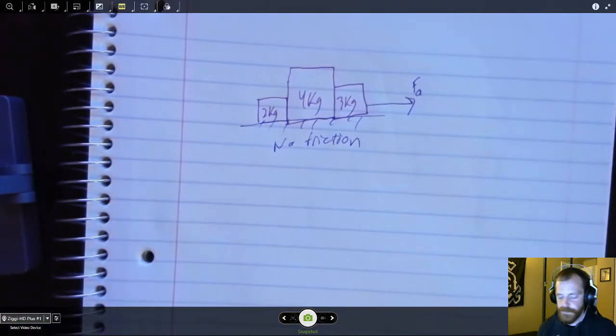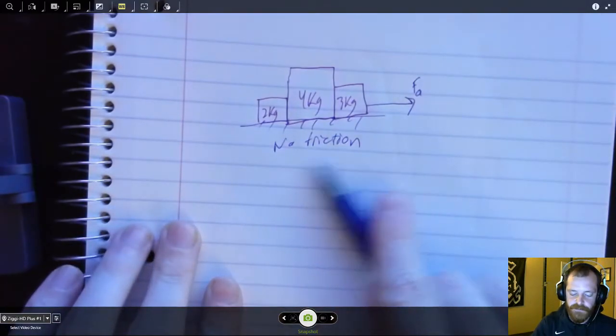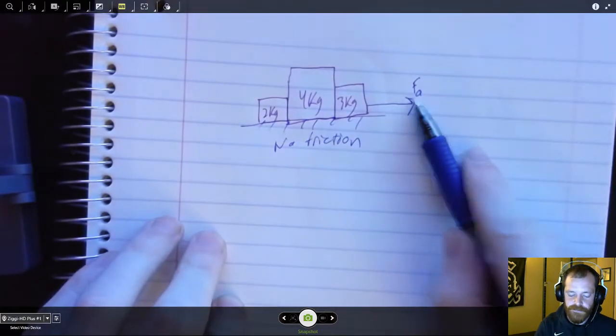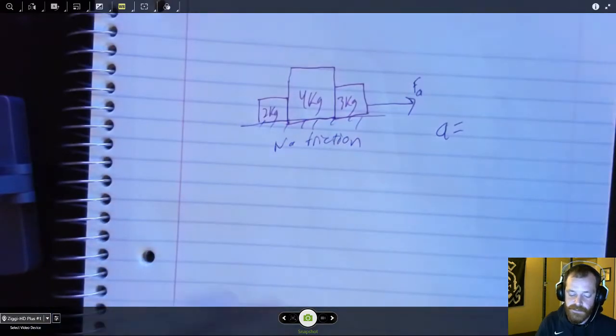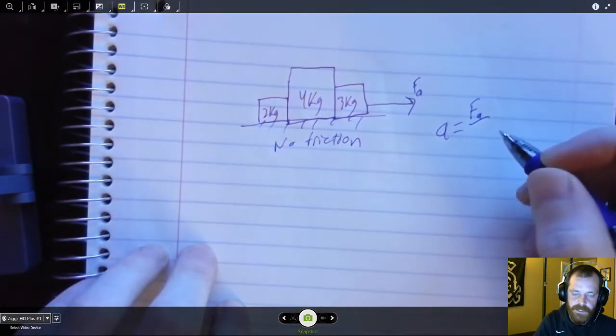Now, once again, we could use that shortcut we talked about today. If there's no friction, the only outside force acting is the applied force. And once again, I know the acceleration of the system is equal to the net outside forces divided by the total mass.